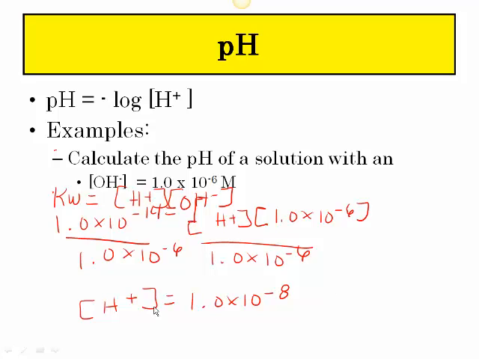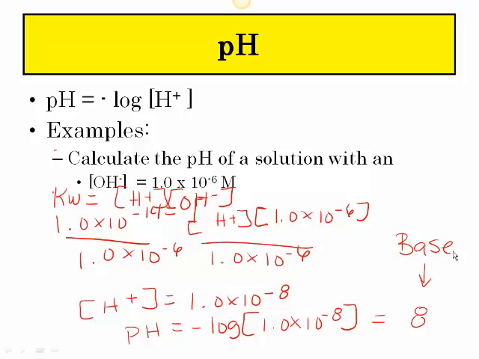And so now I would plug into my calculator that the pH is equal to the negative log of 1.0 times 10 to the negative 8th. And so in this case, my pH is equal to 8. So again, not that I asked for it, but this would be a base because it falls between that 7 and 14 category. Hopefully not too bad.